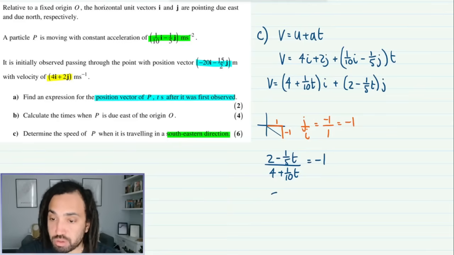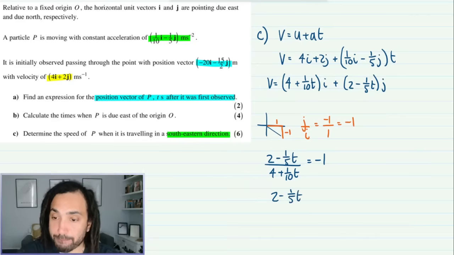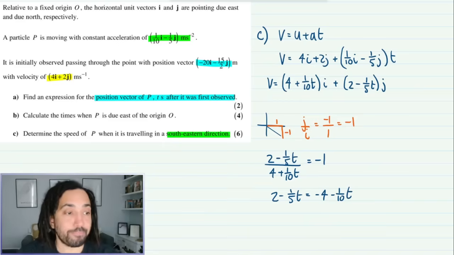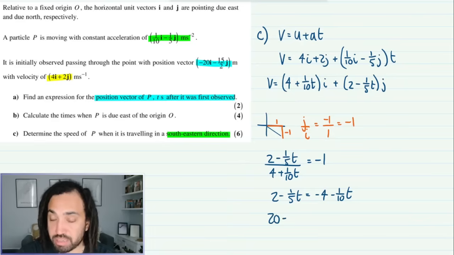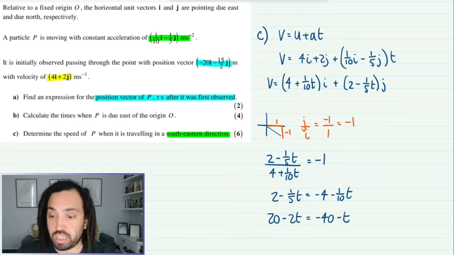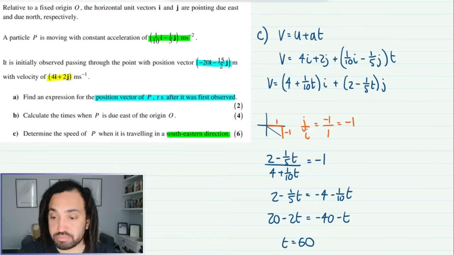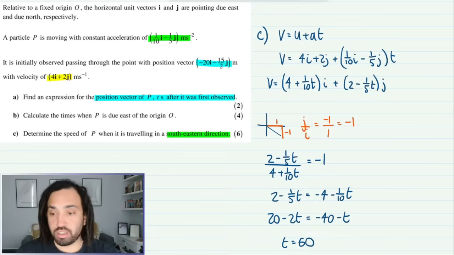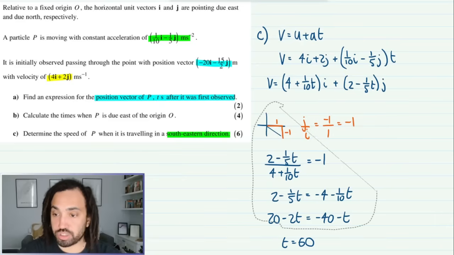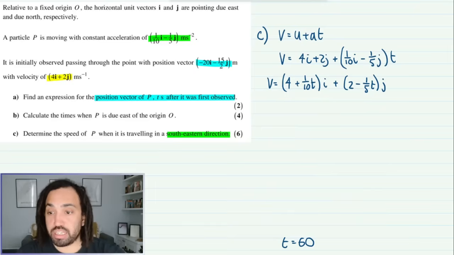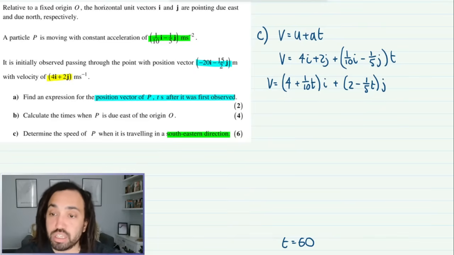Multiplying up, like so, gives me minus 4 and minus 1/10 t. Then multiplying everything through by 10 gives me 20 minus 2t is equal to minus 40 minus 1t. So that gives me that t is equal to 60. Okay, great. Now we need to find the speed. So I'll put that into the velocity equations and then take the magnitude of the two components.